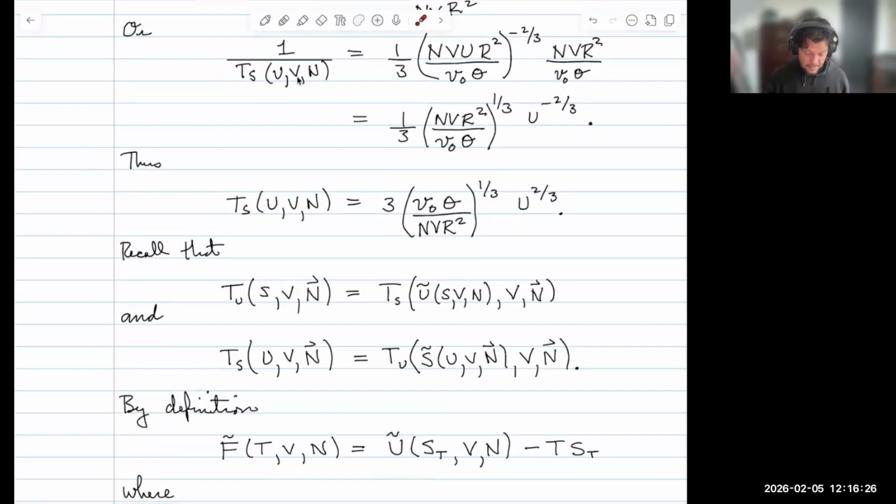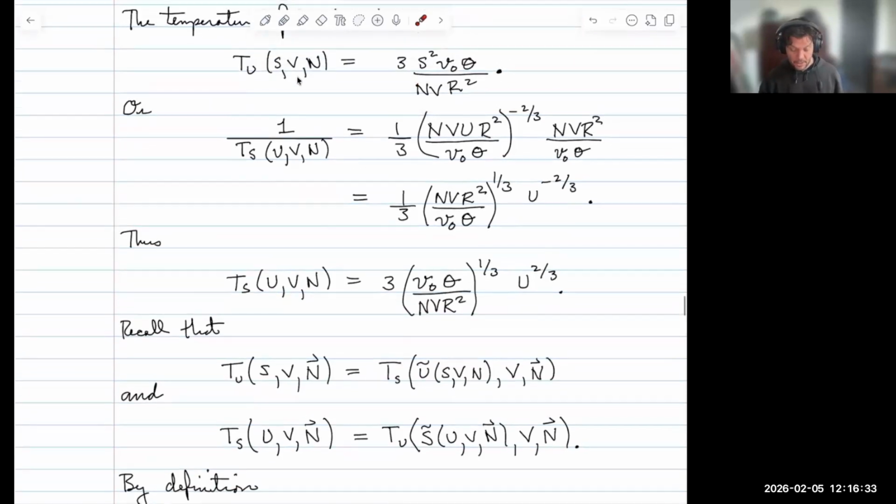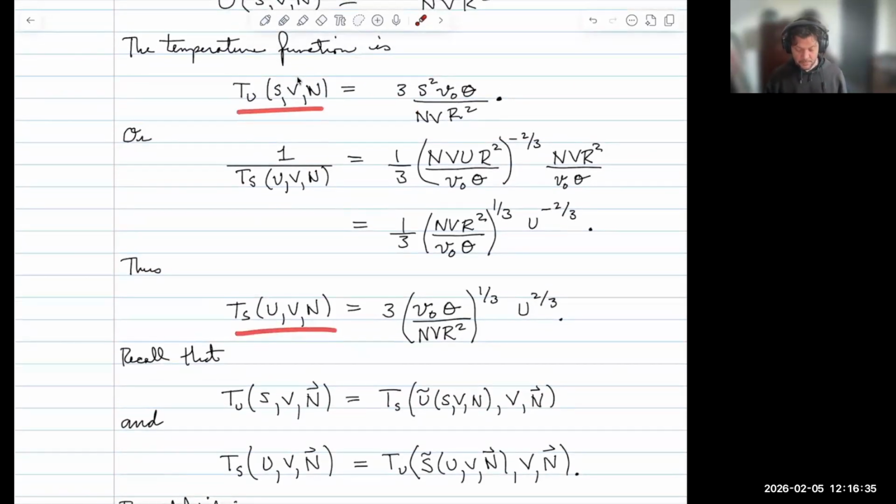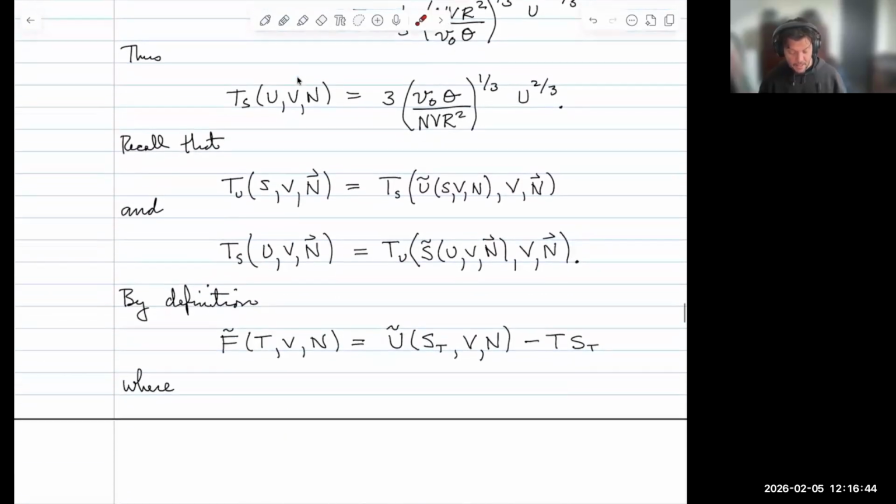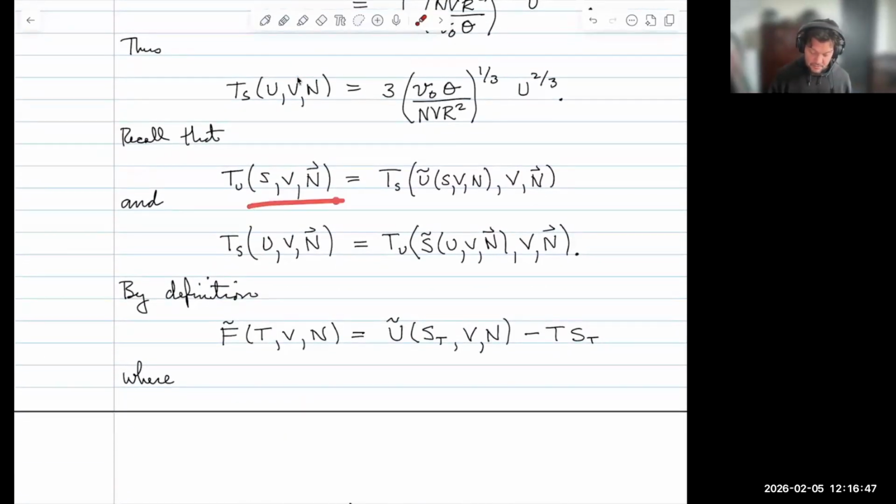I claim that this temperature is given by this relation as a function of U, V, and N. Now, these two temperature functions should be equal to each other in some sense through inverse relations involving the entropy and internal energy. I'll let you check that. Those relations are precisely these here. I didn't check them for this particular case, but I believe we checked those previously in other examples and other lectures.